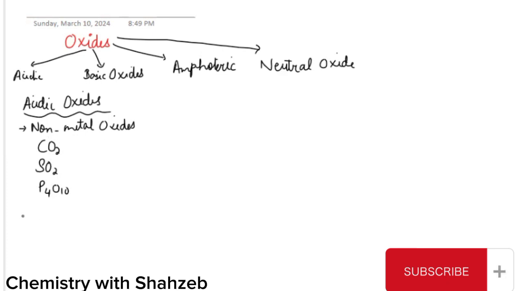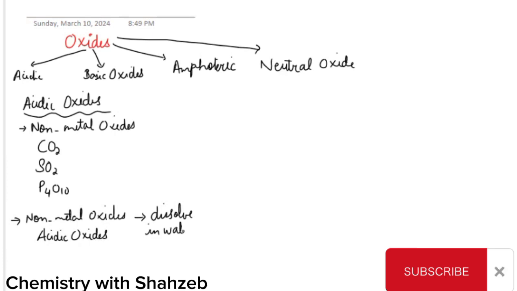And the important property is that non-metal oxides, or you can say acidic oxides, dissolve in water and form acids.